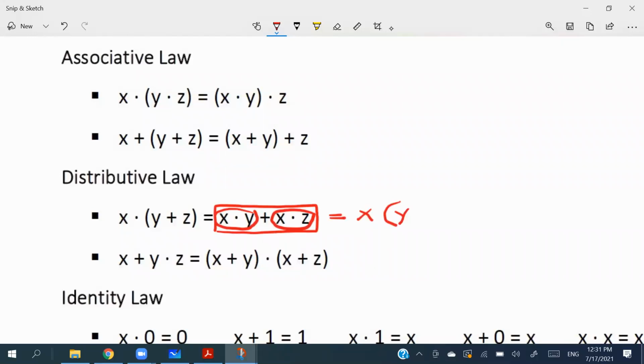So y is remaining from the first term, plus z is remaining from the second term, which gives you this again. We heavily use this practice when we are resolving or simplifying things. So that is the distributive law.